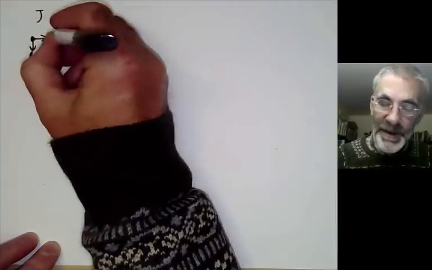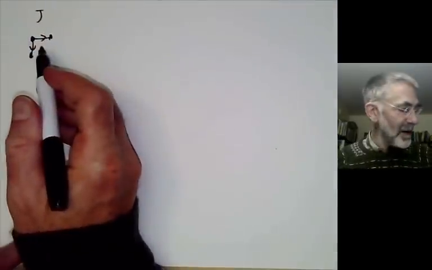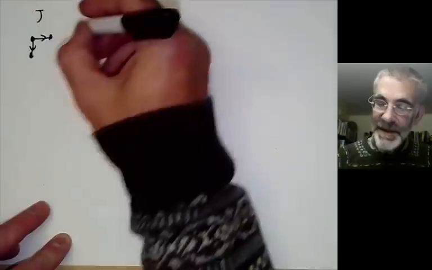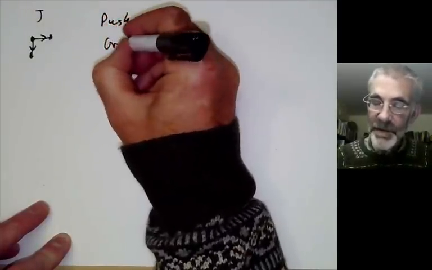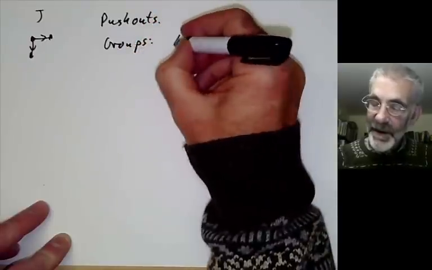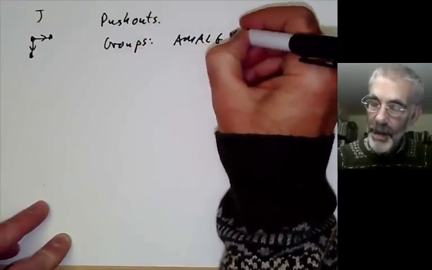Next we can have, if you take your category J to be this one, which is the reverse of the one we had for pullbacks, these are called push-outs or various other things, and for groups you get the amalgamated product.